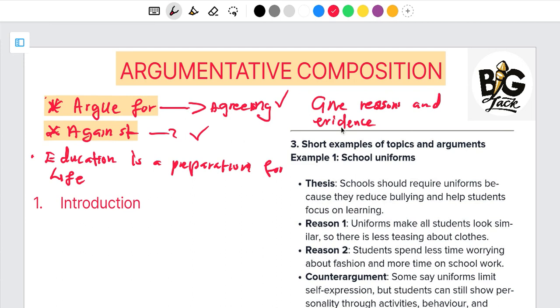The evidence and the reasons that you give must be facts, whereby you are convincing the reader to say, truly, this is what this is meant to be.